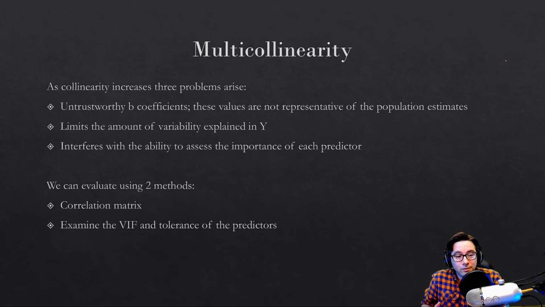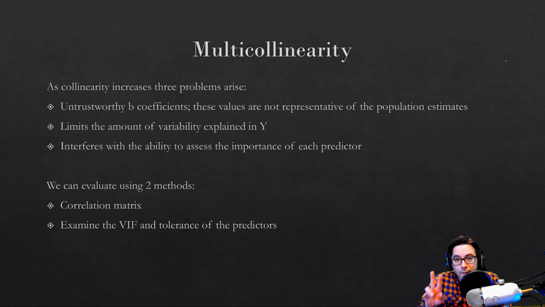One of the things going on is it's limiting the amount of variability explained by Y, because some of the variability can be explained by the changes between the X's, and we're wanting to explain Y. It also interferes with the ability to assess the importance of each predictor, because they're related to each other, okay?